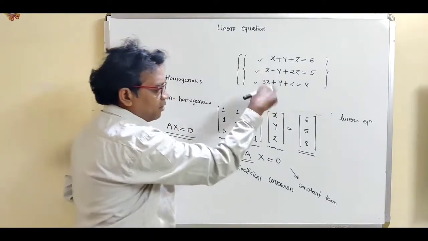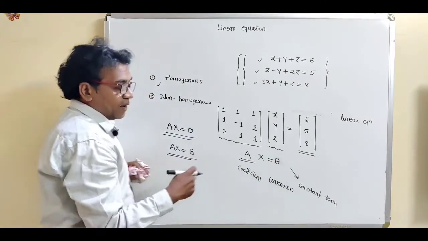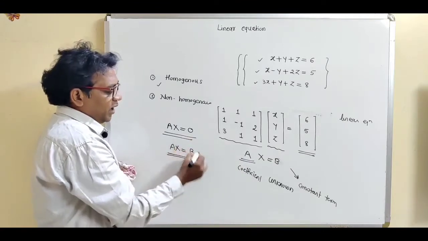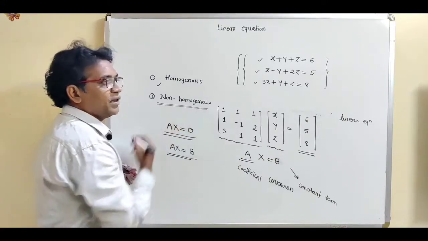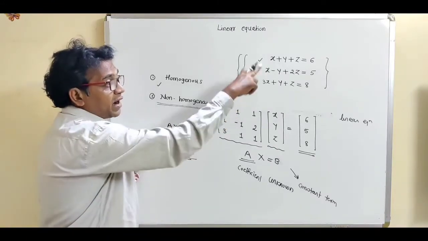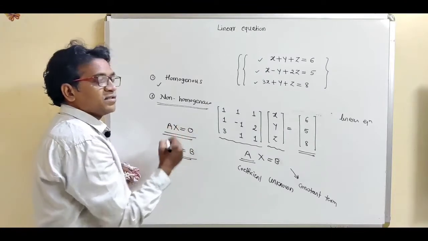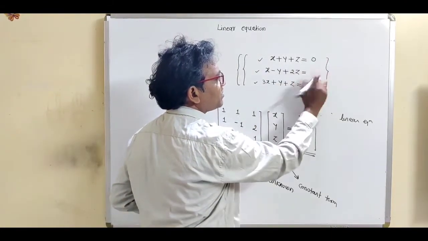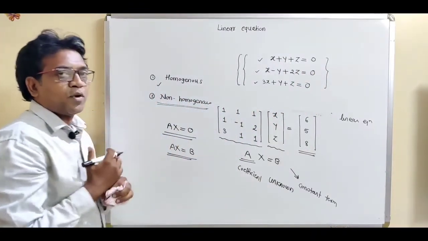So obviously we are given a non-homogeneous system of linear equation. If the right hand side is 0, then it is called the homogeneous system of linear equation.